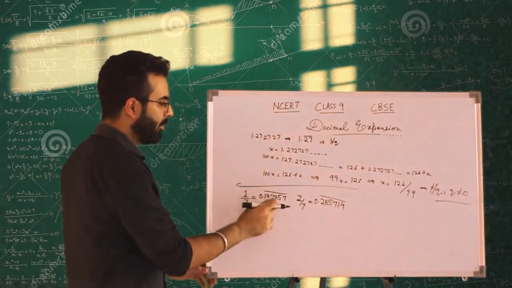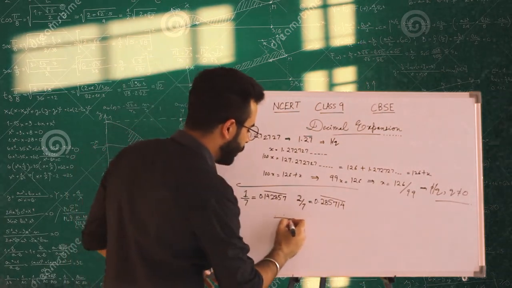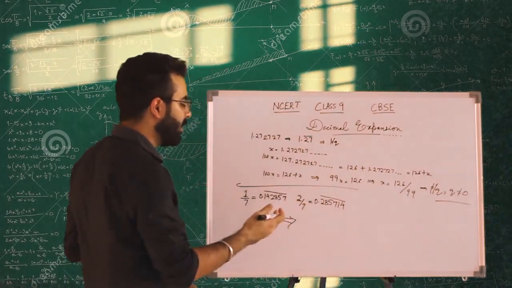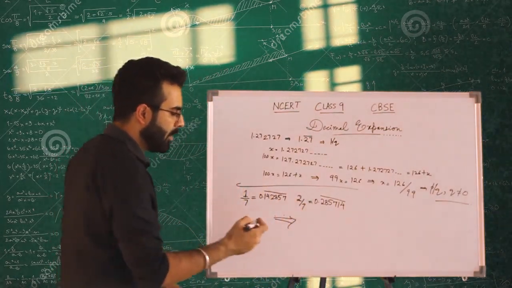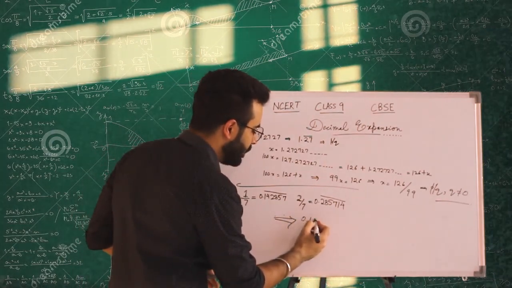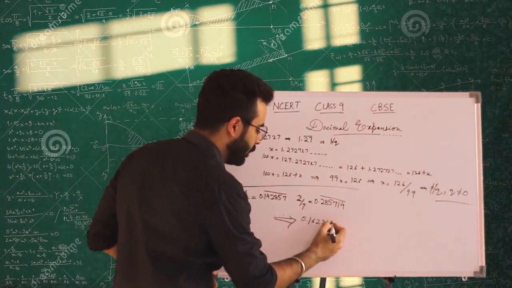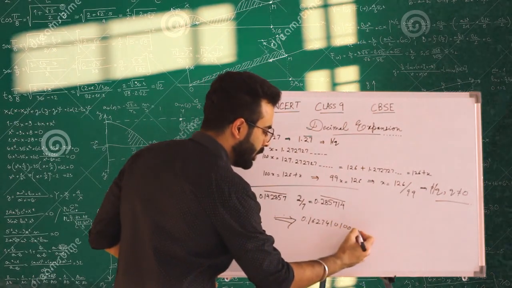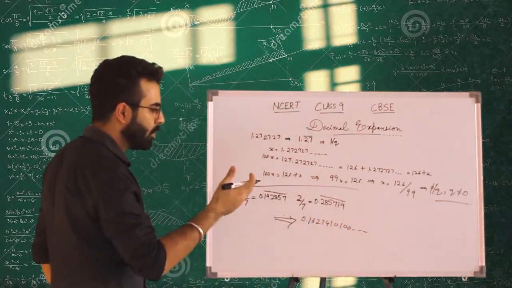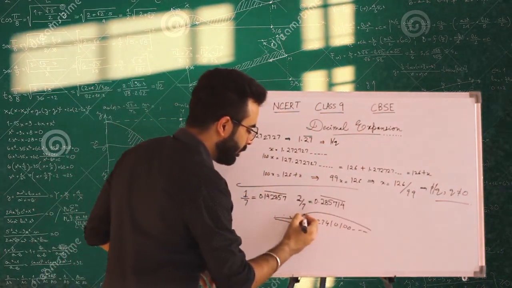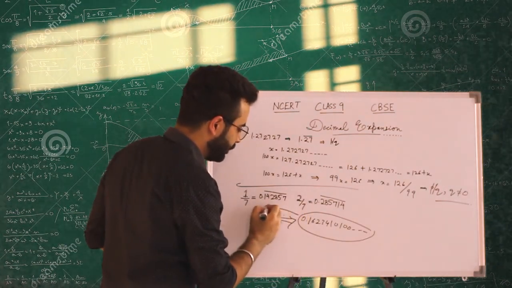So this is 0.14, this is 0.28. Of course, there will be infinitely many numbers between these two. So let's take anything like 0.16234101000. Now since this is non-terminating, non-recurring, it's an irrational number and it lies between these two.